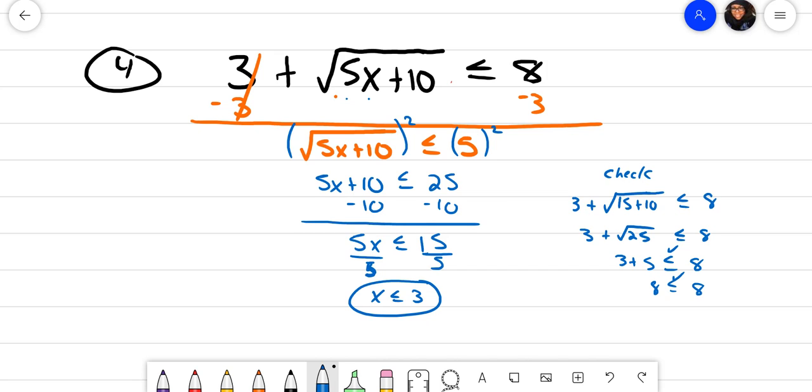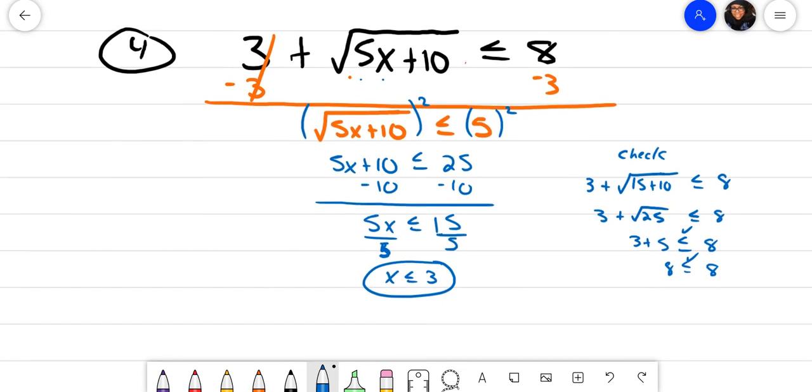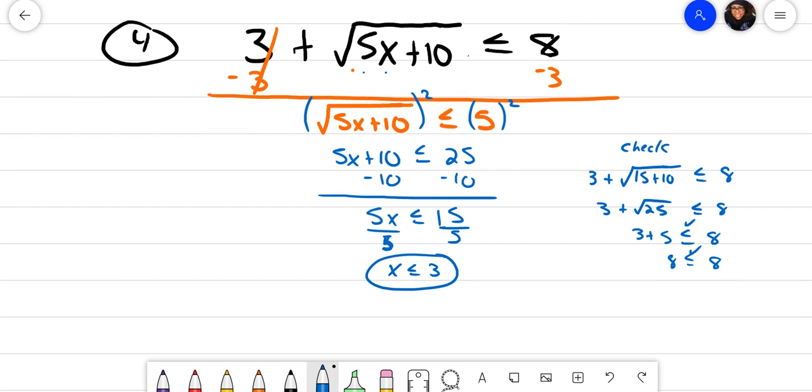But this is where the situation changes a little bit. Now, this is not necessary when the x is on the greater than side. But when x is on the less than side of an inequality, you're going to have to determine what is the lower bound.